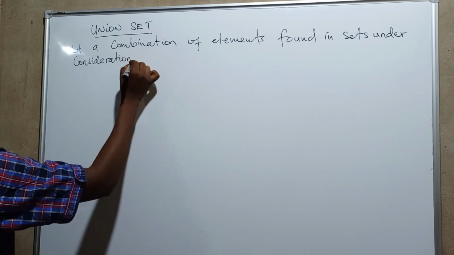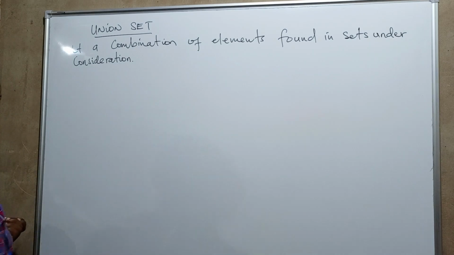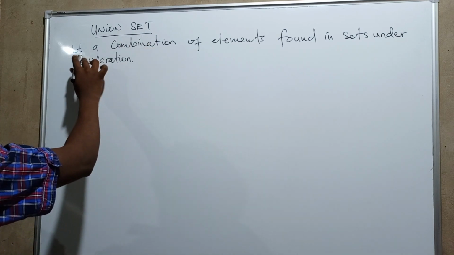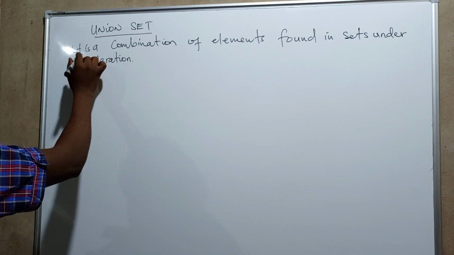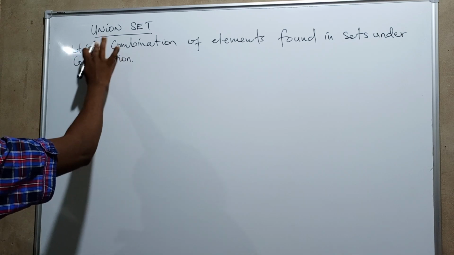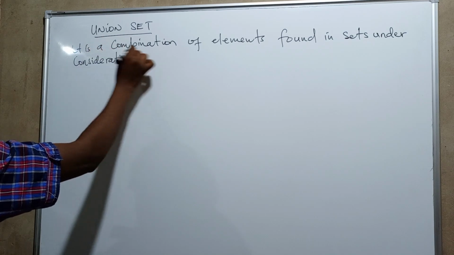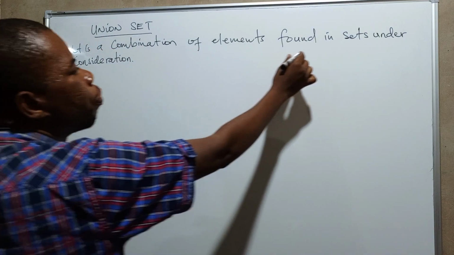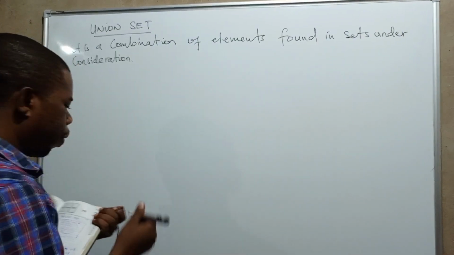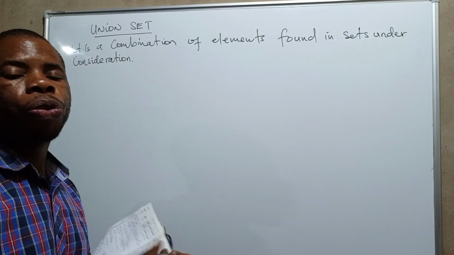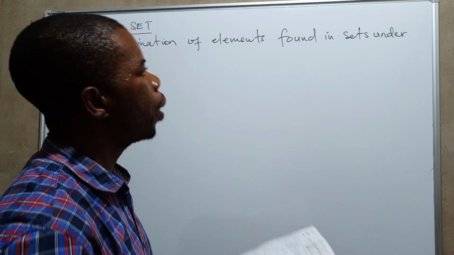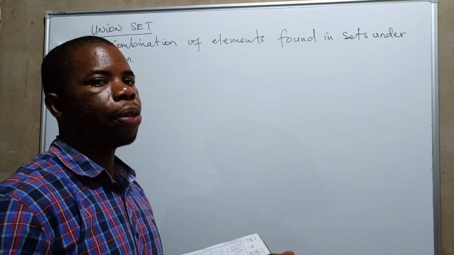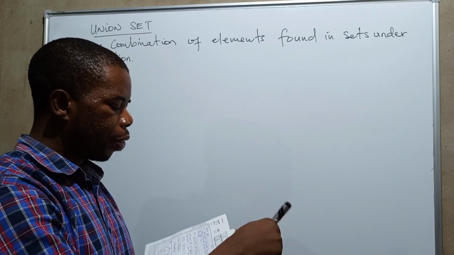So those sets that are under consideration, if you combine the elements which are there, then you come up with a union set.